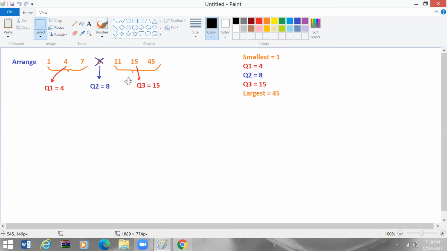I'm pretty sure, though not 100% sure, that we can see the number jumping from 1 to 4, so only a difference of 3, then from 4 to 7, from 7 to 8, and then from 8 to 11 and 11 to 15. But all of a sudden, from 15 it jumps to 45. So I do expect that 45 will be the outlier, based upon the intuitive assumption that we just made.